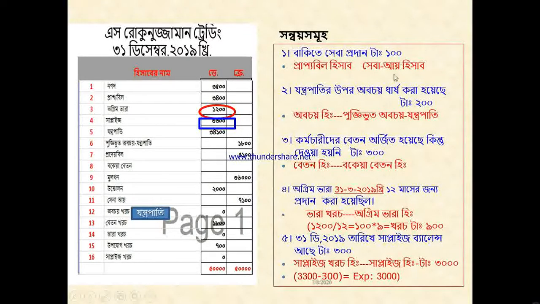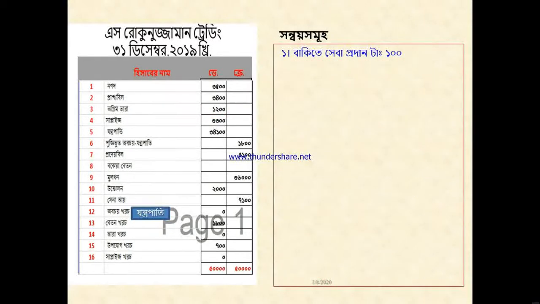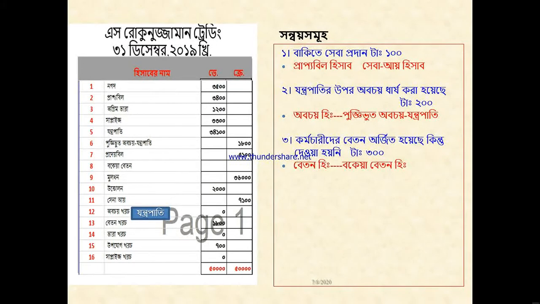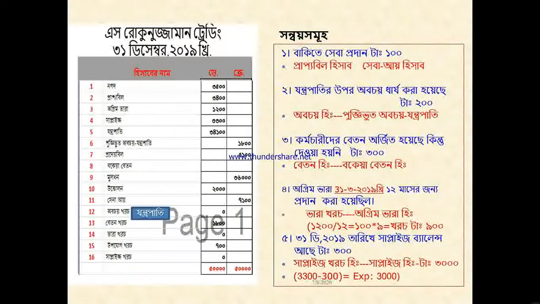So again, we have to understand very clearly. Service provided on credit taka 100. Charge depreciation on machinery 200. Salaries earned but not yet paid taka 300. Advance rent paid on 31st March 2019 for 12 months, expense will be taka 900.